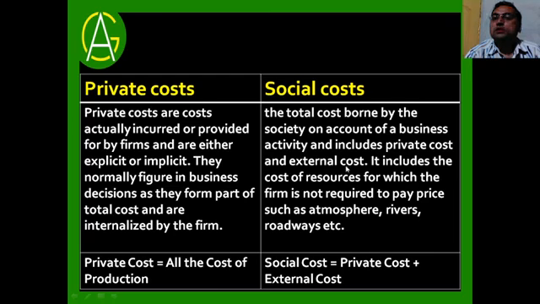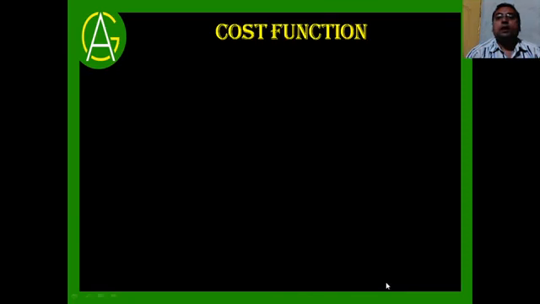So the cost of environmental damage is considered as an external cost. Social cost is equal to private cost plus external cost. Private cost is all the cost of production, plus external cost is the cost of environmental damage. The total of this private cost and external cost will be considered as social cost. So this is private cost and social cost.